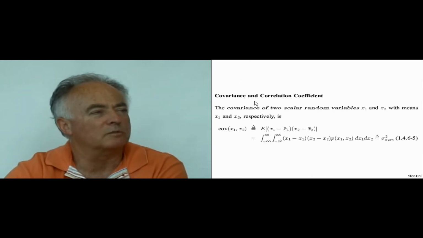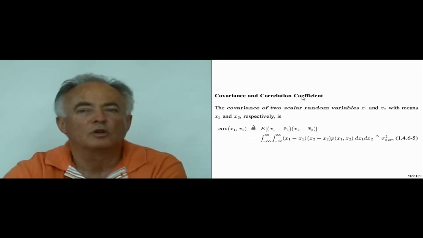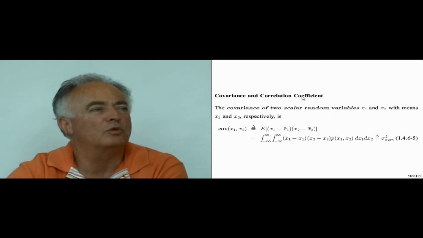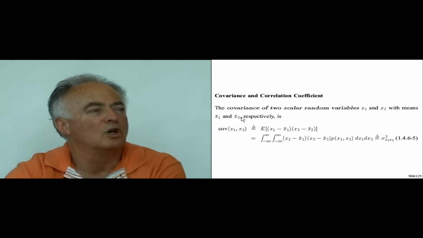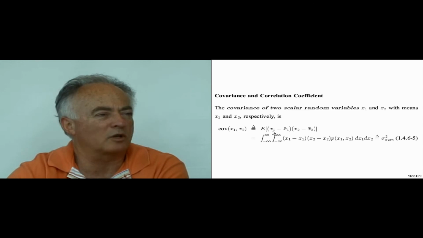Now, another term, covariance and correlation coefficient, would be moments of two, or joint moments of two random variables. The covariance of two scalar random variables, x1 and x2, with means x1 bar and x2 bar, denoted as cov(x1, x2), will be the expected value of x1 minus x1 bar times x2 minus x2 bar.